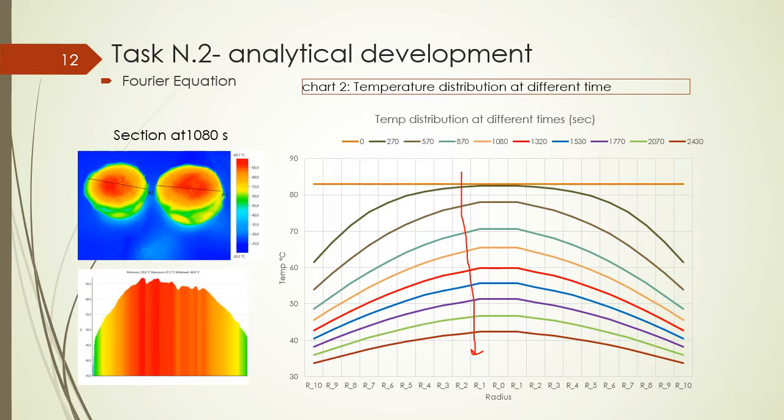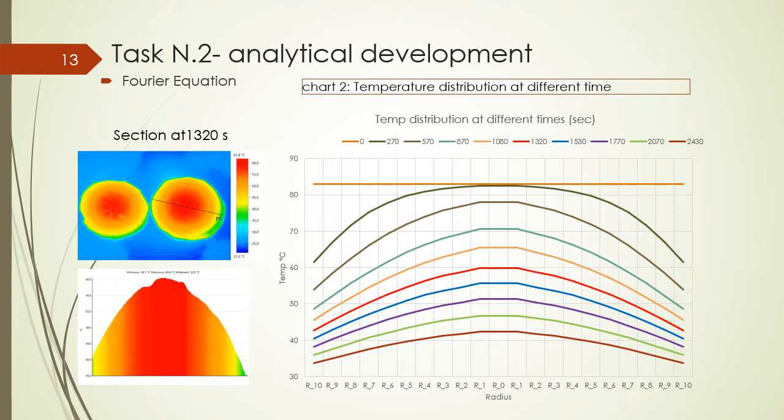We get a section at time 1080 seconds, and we notice the distribution inside of the potato. It's like the chart, and we can compare with our numerical simulation, which is fitting very well.